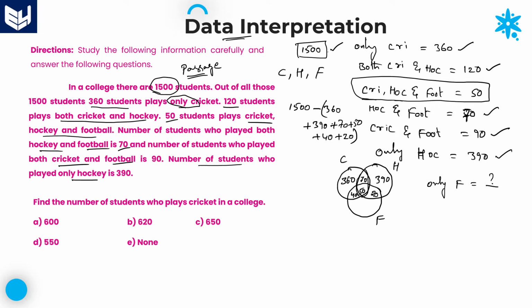You need to add all these values and then subtract from 1500. You will get only football. So only football is equal to 1500 minus, add all the values.